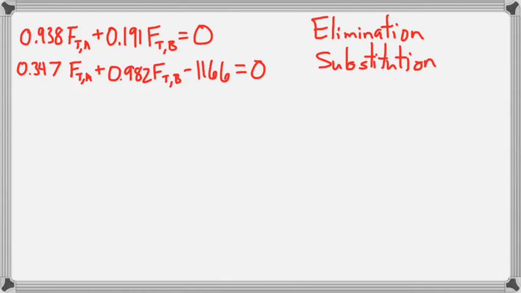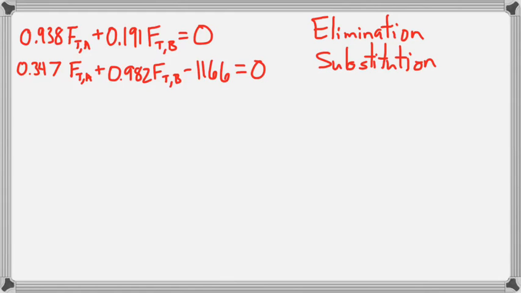What I want to do is take one of these equations, this one, because this one doesn't involve a constant. I want to find a factor that will change this into the opposite of that. You're saying, what? Wait a minute, Dr. Brenzy.